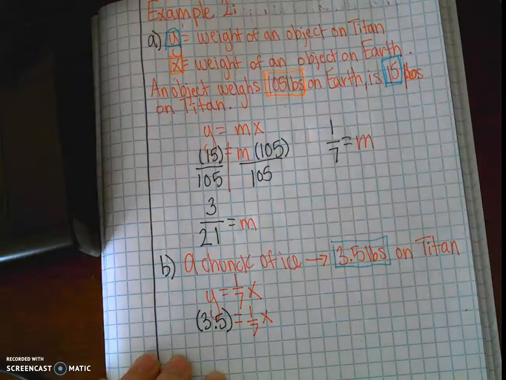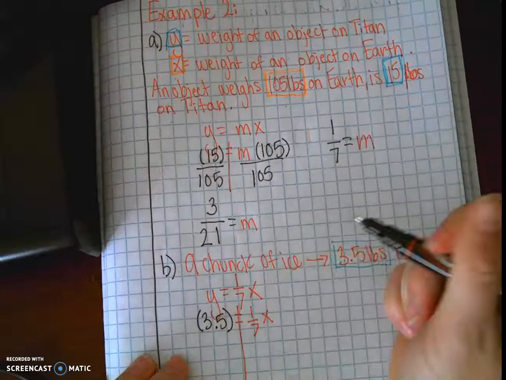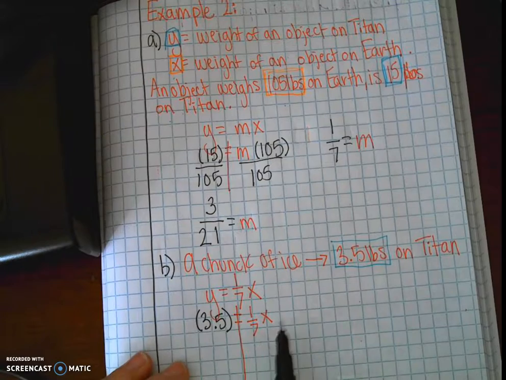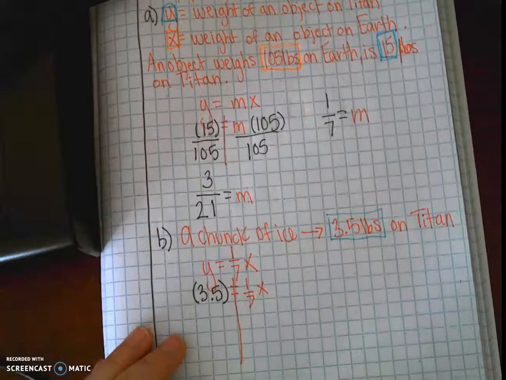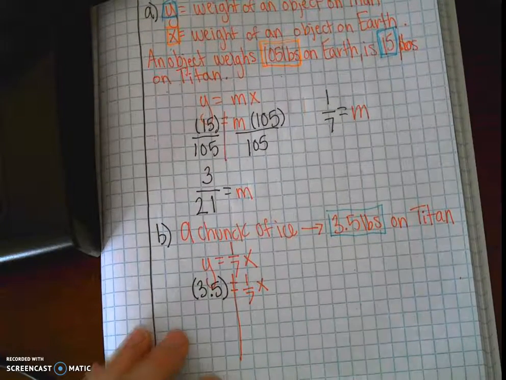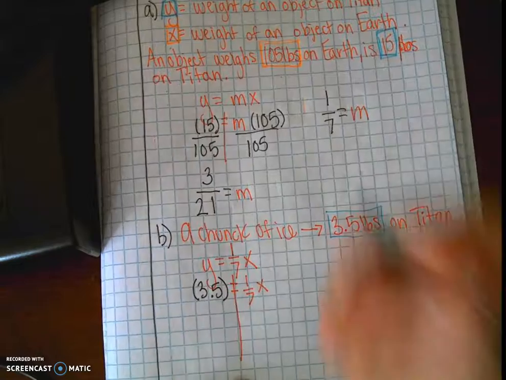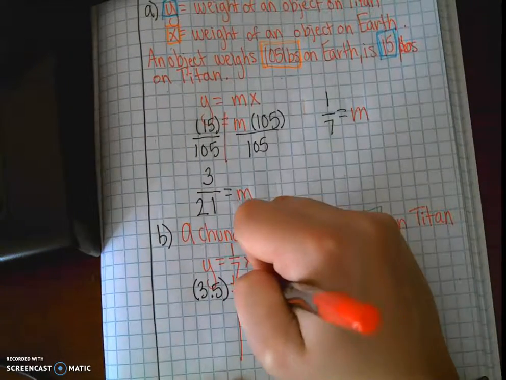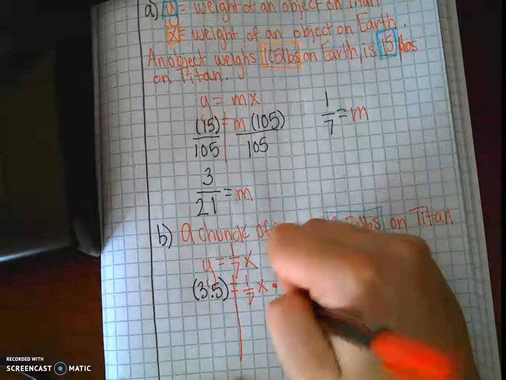So now, just like before, we're going to once again solve that as a one-step equation. So we have 1/7 times x, so the opposite would be dividing. Now when we divide by a fraction, remember it's the same thing as multiplying by the reciprocal, or multiplying by the opposite. So I'm going to multiply by the opposite of 1/7, which is 7/1.